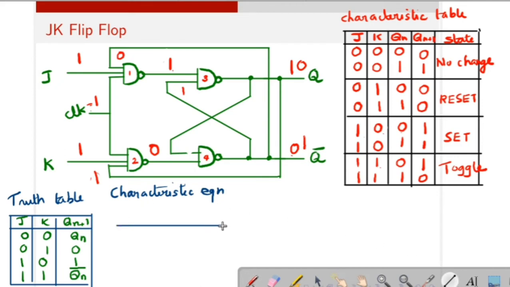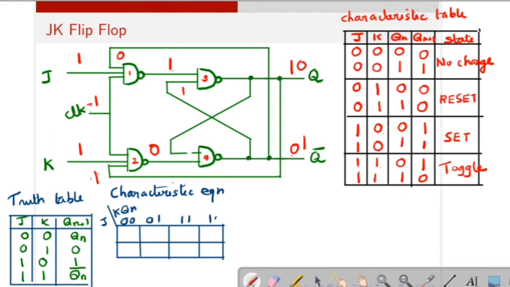So here we can draw a 3 variable K-map with J, K and Qn. The K-map has columns 00, 01, 11, 10 and rows 0 and 1. The output entries are 0, 0, 1, 1 for the first row and 1, 0, 0, 1 for the second row.